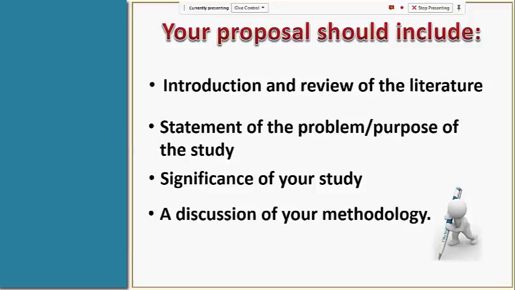And finally, a discussion of your methodology. And I'm not going to be getting into that. I'm going to leave that for Rich. But I am going to be focusing on these 3 up here. So I want to break these 3 down even further to something really simple.